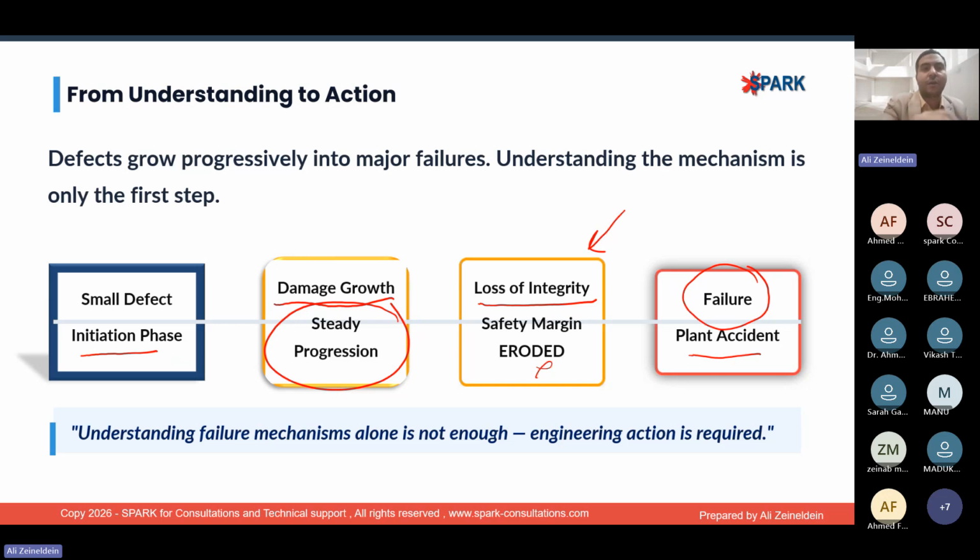Defects grow into major failures. Understanding the mechanism is only the first step here. So any small defect should be treated well, monitored, and the necessary action taken.